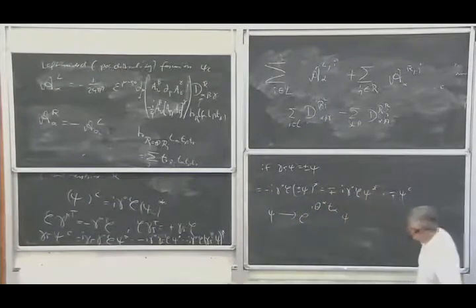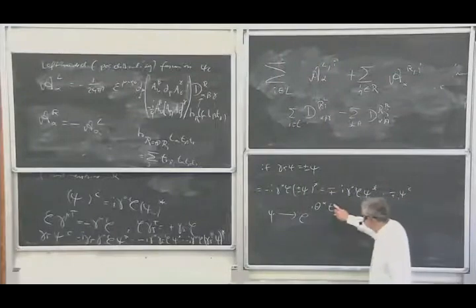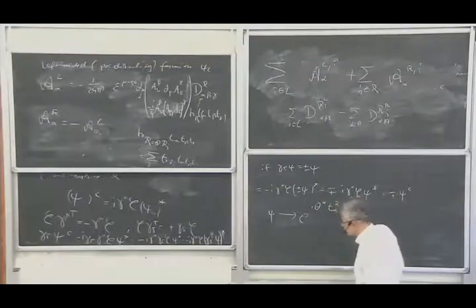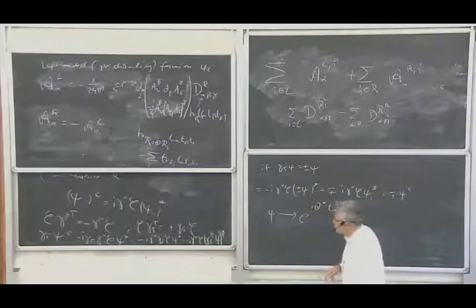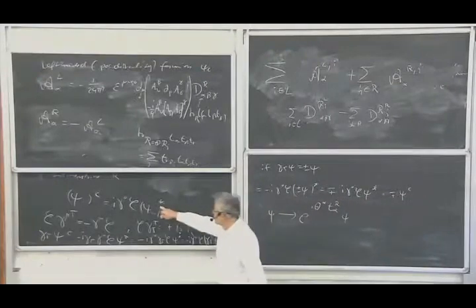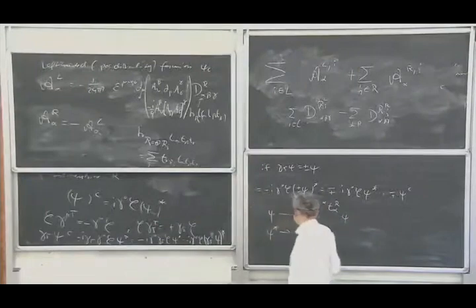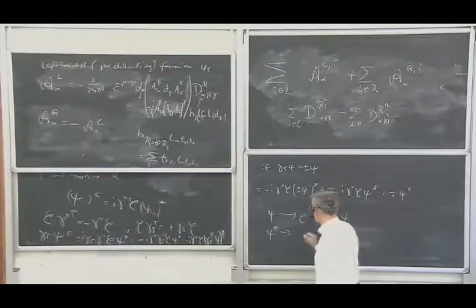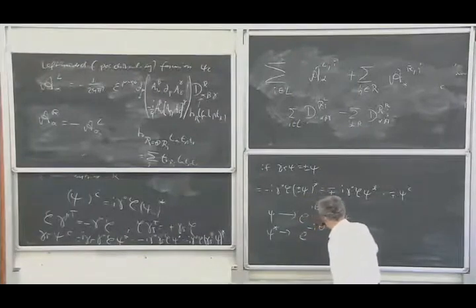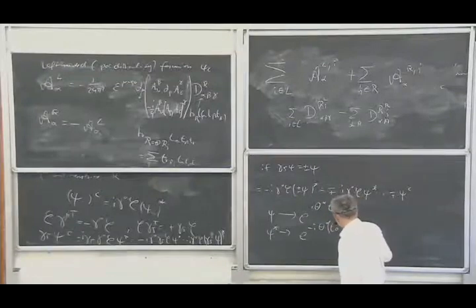So what about the charge conjugate? The charge conjugate involves psi star. So psi star goes to e to the minus i theta alpha T alpha R star on psi star.